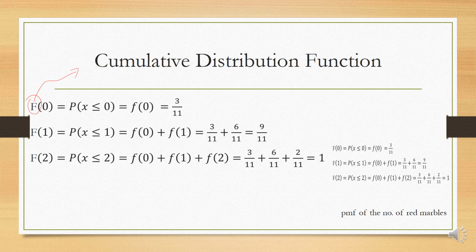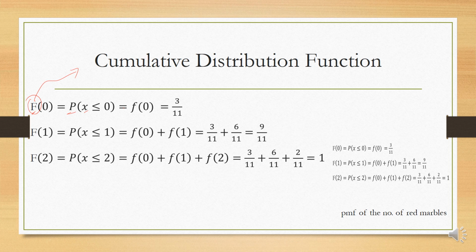Ibig sabihin, we should add from 0, from the moment that we have a possibility na walang lilitaw na red marble. Palagi yon. Okay? So, kung ang F natin na malaki, F of 0, is equal siya sa probability kung ang ating random variable ay less than or equal to 0.